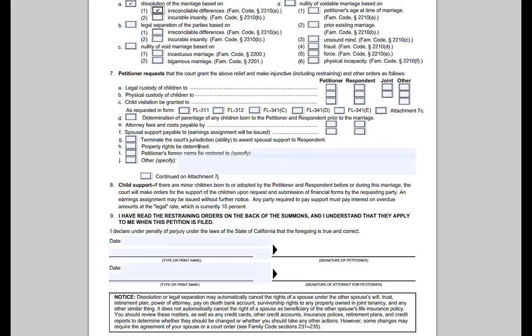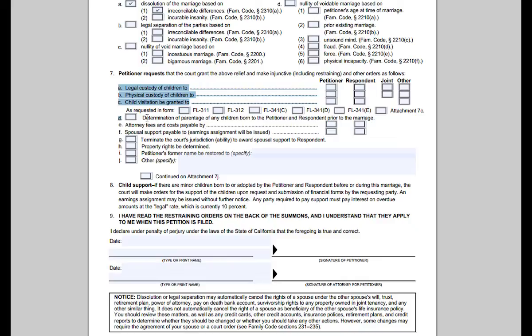Now, if there are minor children from the marriage, boxes 7A through 7D apply to you. Now, this is where I give you my custody speech. There are two different types of custody: legal custody and physical custody. Legal custody involves making important decisions about the welfare of your children, including issues like education, healthcare, and citizenship.